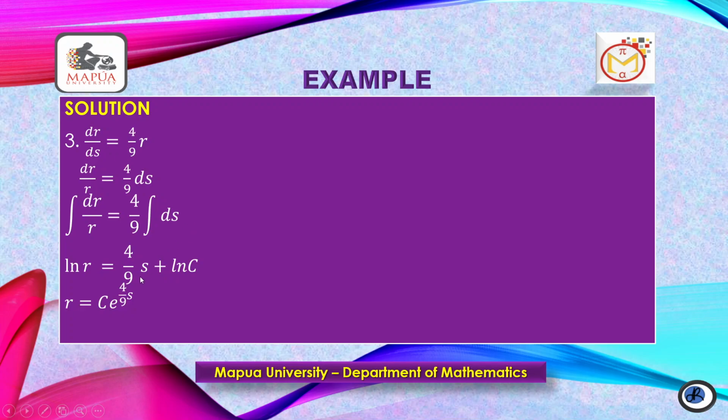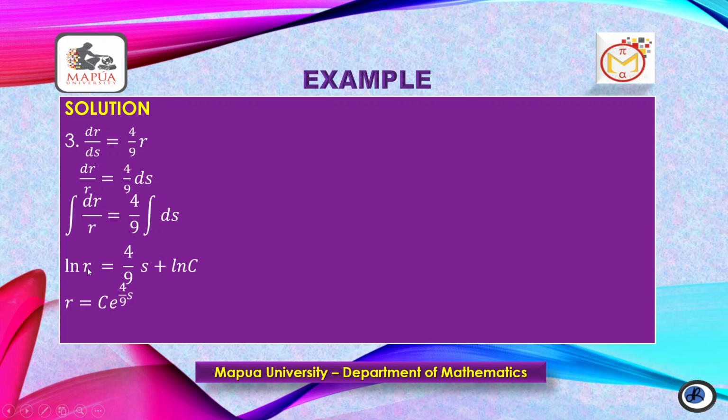Now, if we want a simplest form of solution, we can introduce the constant c of integration as ln of c, so that we can combine these two. We can combine the ln of r and transpose the ln of c.